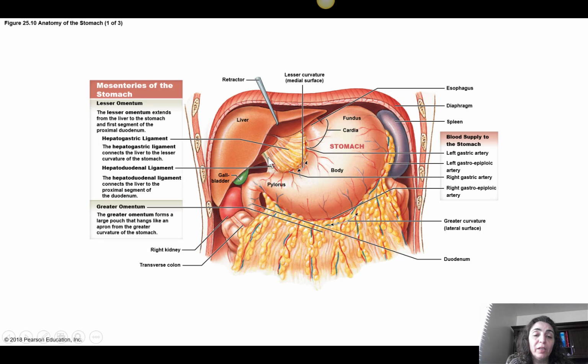So we have the hepatic artery, a branch of the common hepatic artery, passing here. We have hepatic portal vein that is passing here. You remember that hepatic portal vein comes from the digestive system. It comes from the inferior mesenteric vein, superior mesenteric vein, and splenic vein. If you remember those ones from the blood vessels that we discussed before.